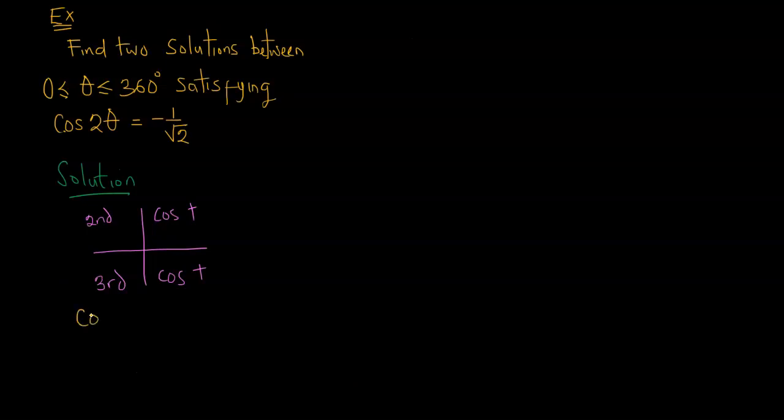Now we've got cos 2 theta equals -1 over the square root of 2. To make our work easy, I'm going to let alpha be equal to 2 theta. It's going to be much easier for us to solve this if the coefficient of the angle is 1. So if alpha equals 2 theta, that transforms this equation to cos alpha equals -1 over the square root of 2.